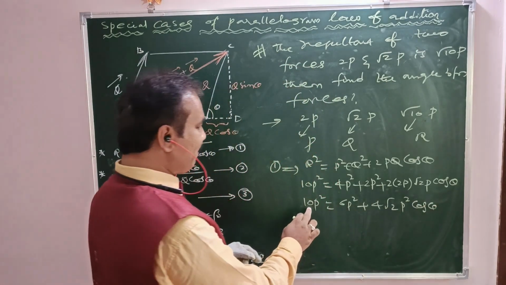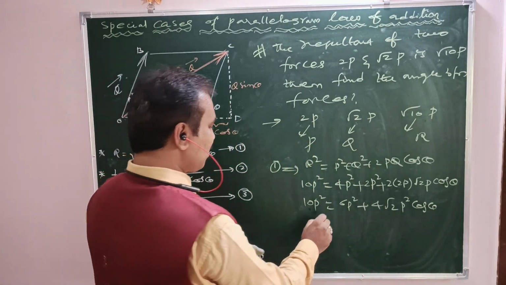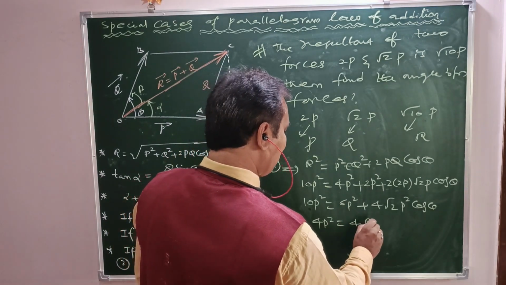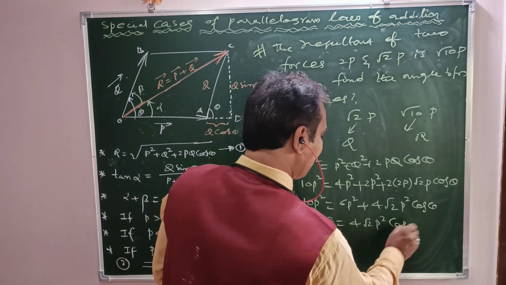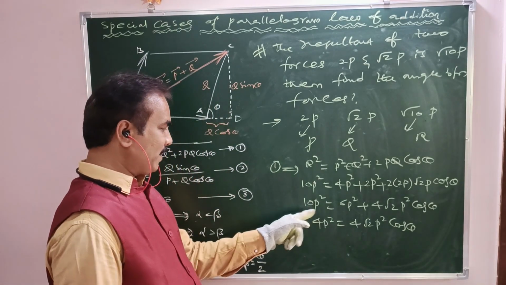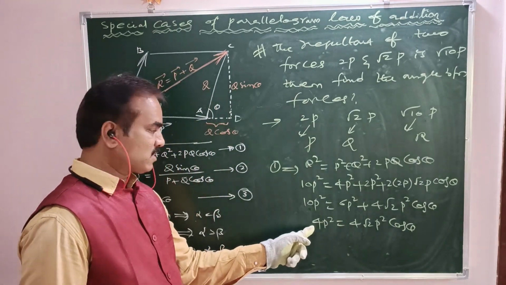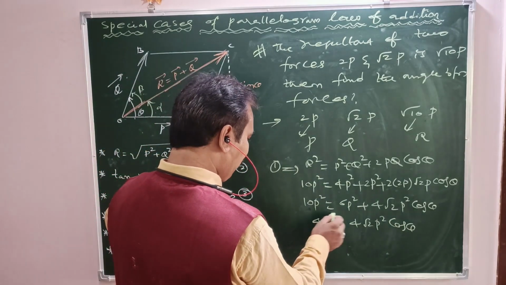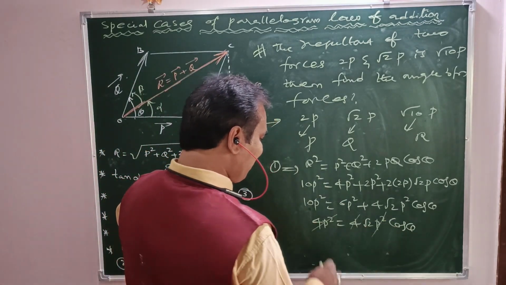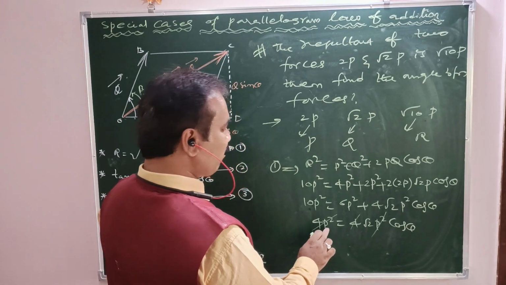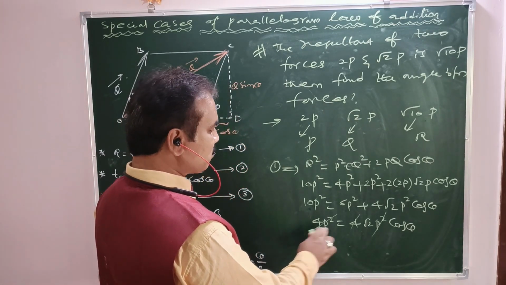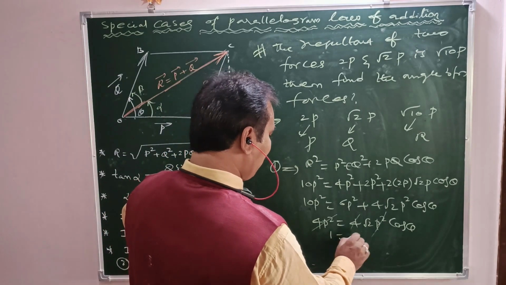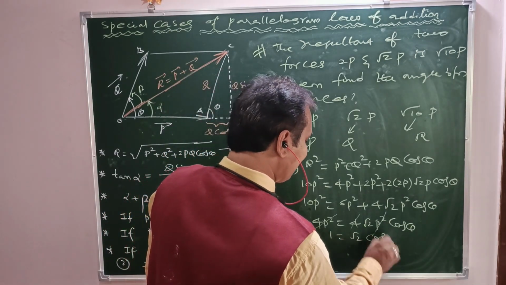Now 10P square minus 6P square, that is 4P square, equals 4 root 2 P square cos theta. 4P square is common, so we are left with 1 on the left, because 4P square cancels on both sides. So 1 equals root 2 cos theta.